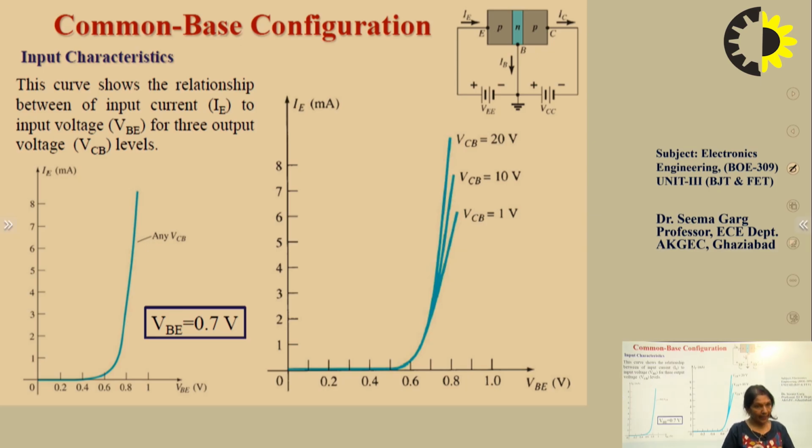Common collector, as I said, is a current amplifier. Apart from that, it has one more application, because the common collector has high input impedance and low output impedance, and it has a voltage gain of unity.